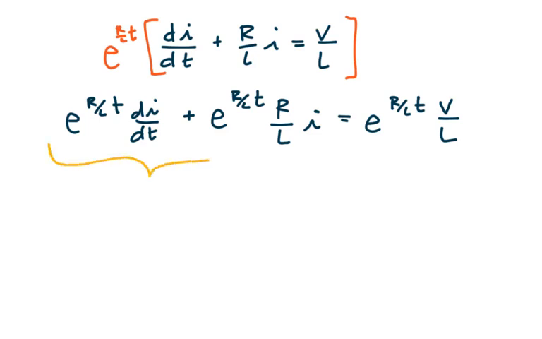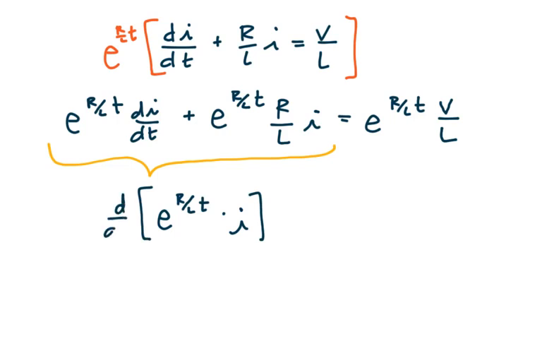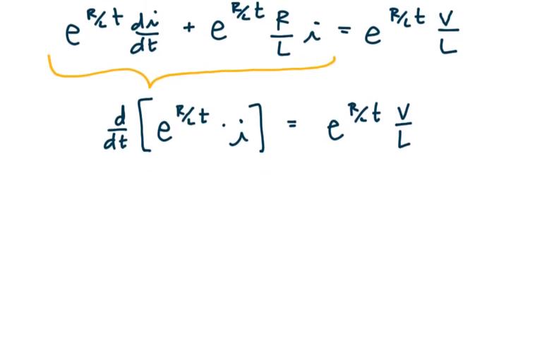And on the left side of this, this is the reverse of our product rule. So what we end up with is this is just e to the R over L t times I. So the derivative with respect to t of that is equal to e to the R over L t times V over L. And then we integrate that.